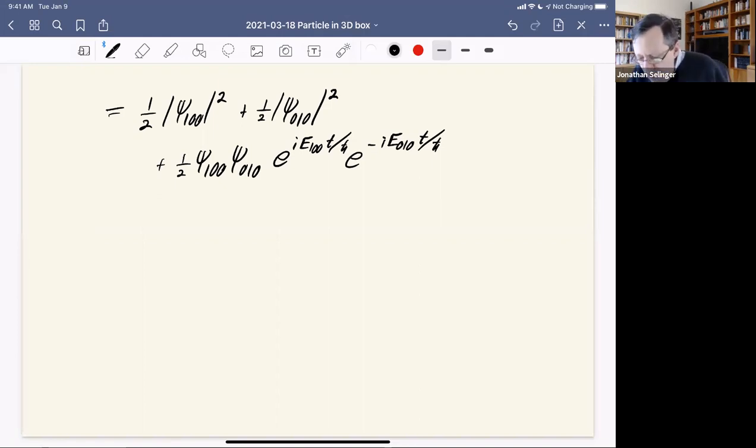But because these energies are exactly the same, the time dependence just cancels, and we get something independent of time.